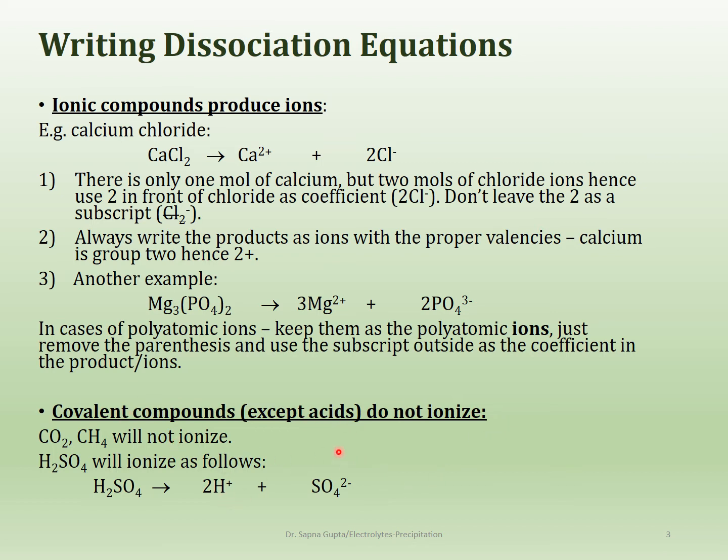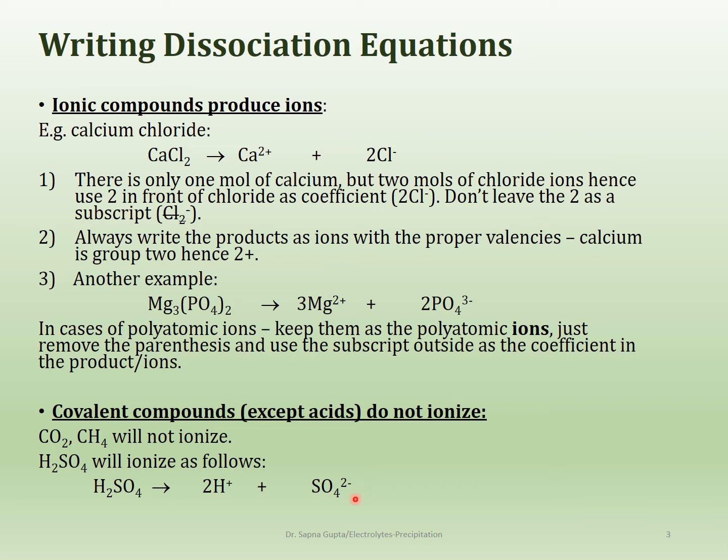And then finally for the covalent compounds. Now for most of the covalent compounds, you will not have any dissociation for them because they are not ions. They are covalent compounds. The only things that will dissociate are going to be acids. Okay, and acids, for example, H2SO4 is going to dissociate as hydrogen ions and sulfate ion. So here sulfate is just 1, as I was saying before. So SO4 is right here, but then of course you have to give the ions because these are ionic equations.